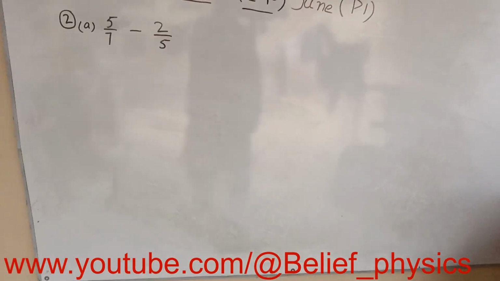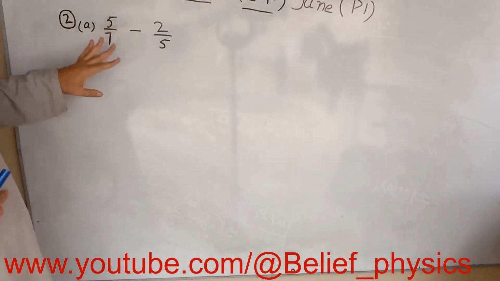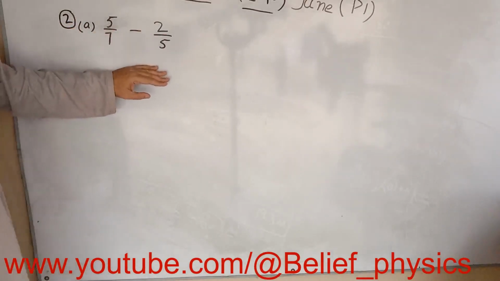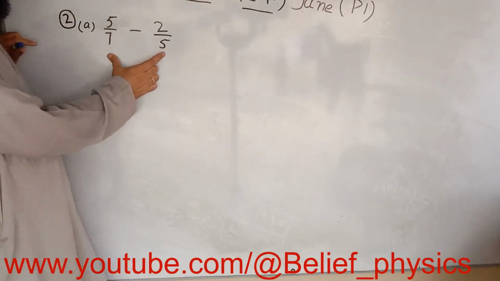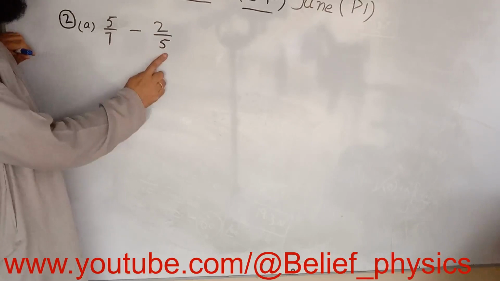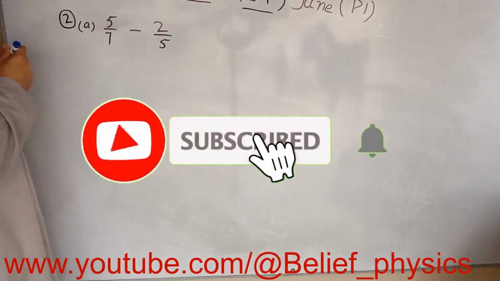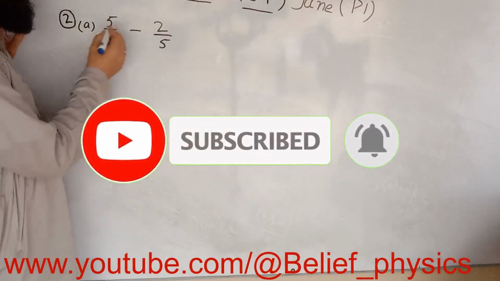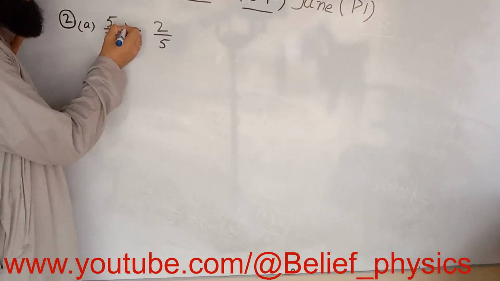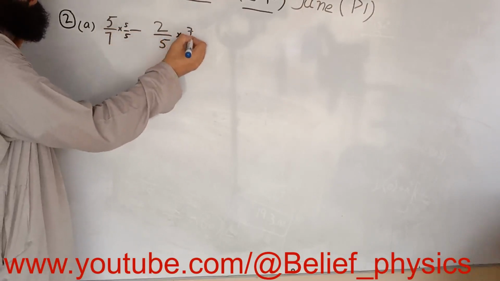Question number 2, write as a single fraction. Part A is 5/7 minus 2/5. When we have to subtract or add common fractions, we take the LCM of the denominators. Here the denominator is 7, here is 5. Both are prime, relatively prime. So their LCM will be 35. To make 35, we will multiply and divide this by 5, and multiply and divide this by 7.